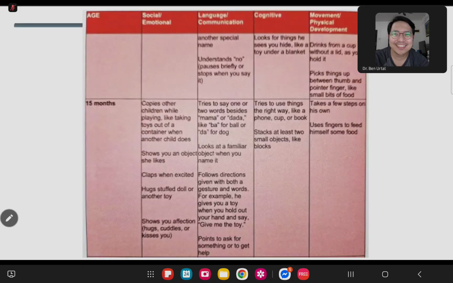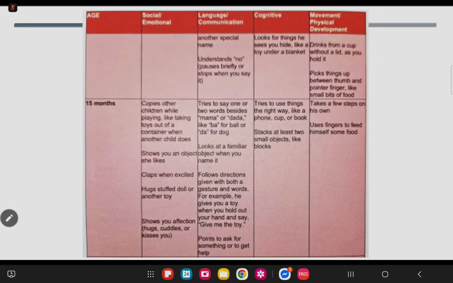And as for language and communication, they already try to say two words besides mama or dada. Okay. They also follow directions. Sometimes they follow one-step commands at 15 months. So, give me the toy, open your mouth, like that.